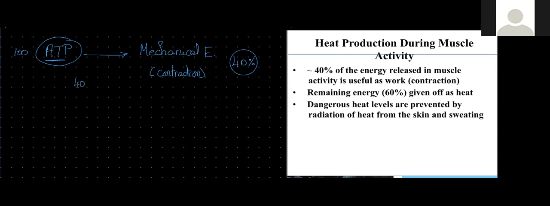So if you are running on a treadmill and it tells you you burned 100 calories, this means that you produced a movement worth only 40 calories. What happens to the remaining 60 calories that you consumed, that you broke down? They are not transformed into mechanical work, they are not transformed into a movement, but they are transformed into heat.